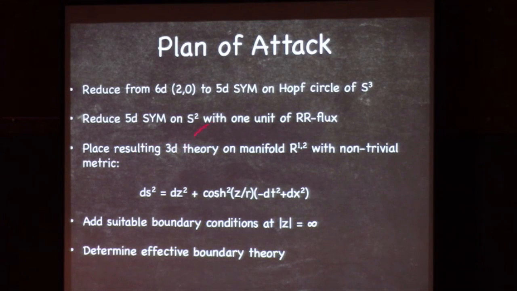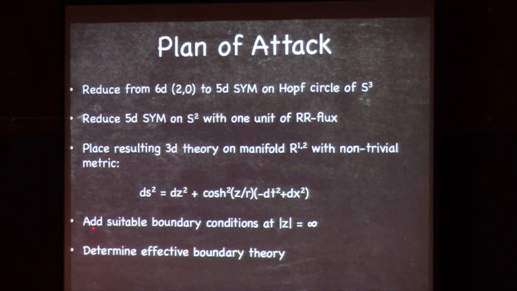I get some 3D theory, and I'll put it on this manifold, which is just really R^{1,2} as a manifold, with this funny metric. This funny metric, by the way, has some interesting features. For example, as z goes to plus and minus infinity, it's asymptotically AdS3. That plays a significant role at some moments in the calculation.